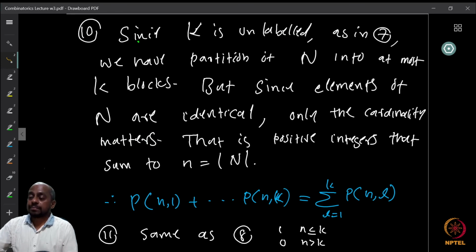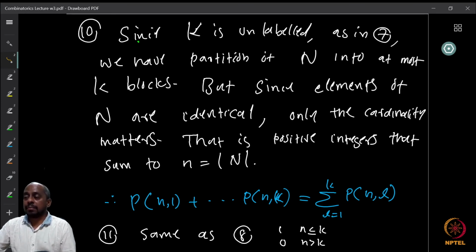Since the urns are unlabeled, we can partition n into at most k blocks. But now the elements of n are identical, so it doesn't matter what the elements are, but it matters how many there are. So basically it is partitioning the cardinality, the number of elements, into blocks.